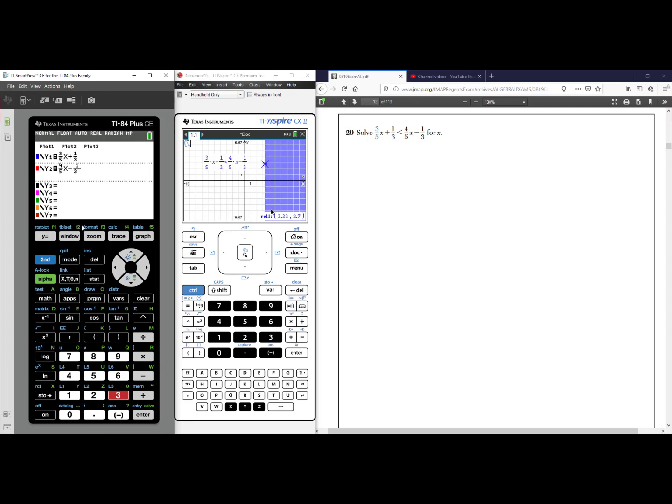And we want to know when is y2, the red function, greater than y1, the blue function.